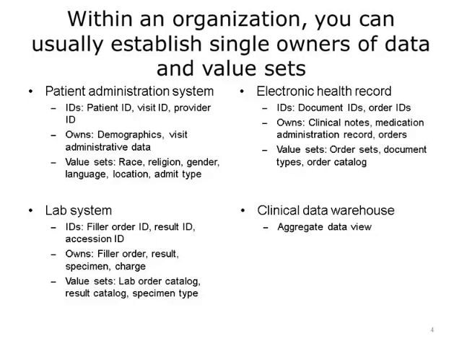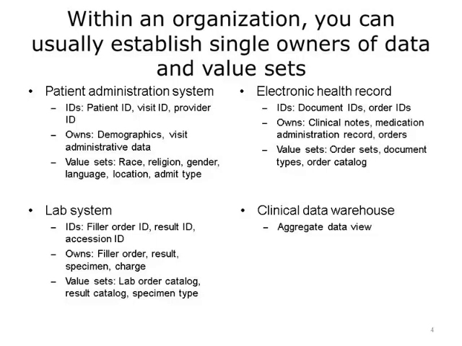It would also generate unique IDs for things like clinical documents or orders, and it would own those IDs. It would own clinical information that is being collected by the clinicians, like the medication administration record, doctor's orders, or clinical notes. The electronic health record would also own the value sets for types of orders and documents.